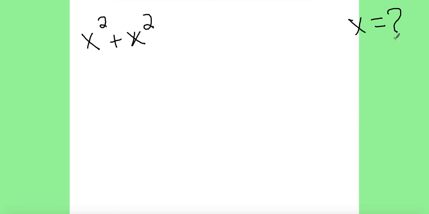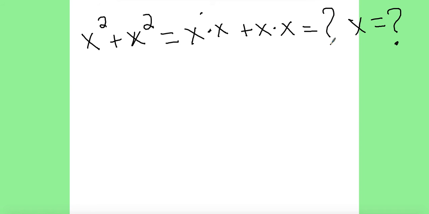Whatever it is, we know that we're taking it times itself. x times x plus x times x, but we're not sure what it is, so I can't get to a final number yet until I replace that with something. All I can do is this word: simplify the expression. We want to write it with as few terms as possible.